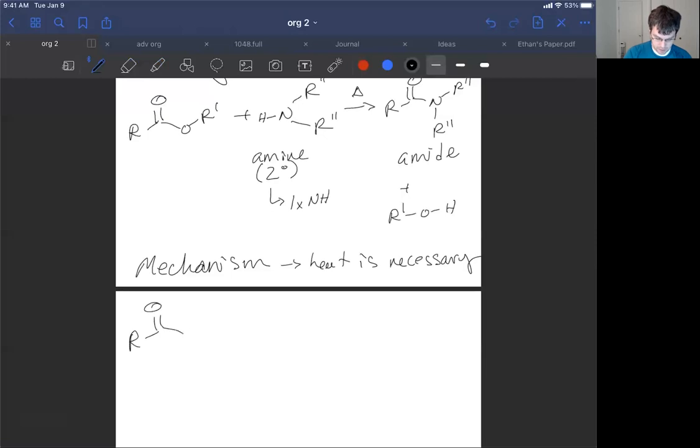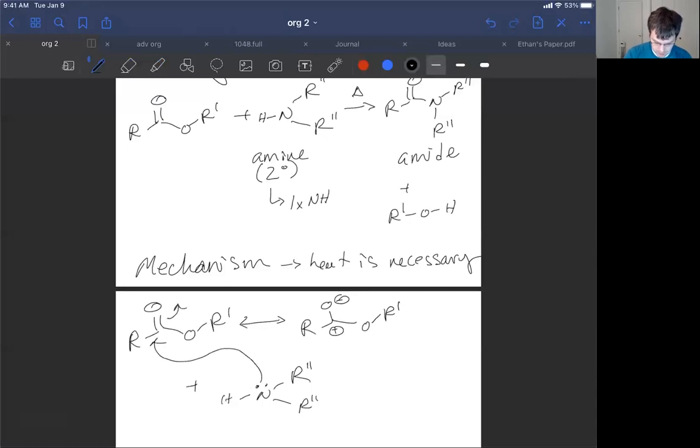Okay, so in this reaction, what we're going to start with is we don't have an acid or base present. So we could consider the resonance structure where we have positive charge character at the carbonyl carbon. We could add that to the secondary amine. Now, amines are basic and nucleophilic. So the lone pair could add to the carbonyl carbon.